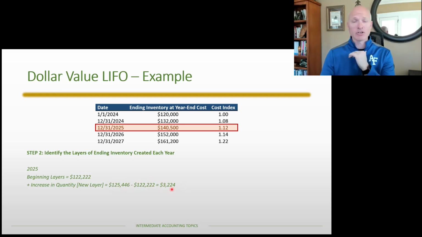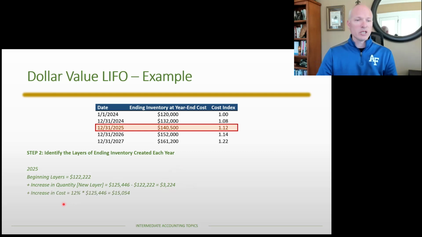But again, I'm just going to now show you reconciling how we get $140,500. How do we get this increase that we observe? We know some of it is attributable to an increase in quantity. So how do we demonstrate that the rest of it is an increase in cost?